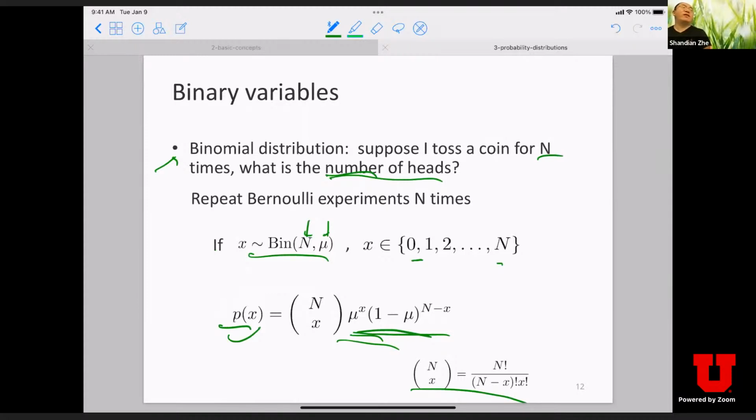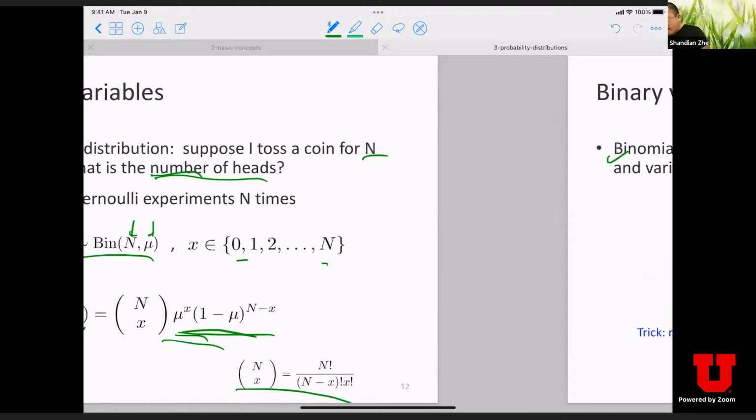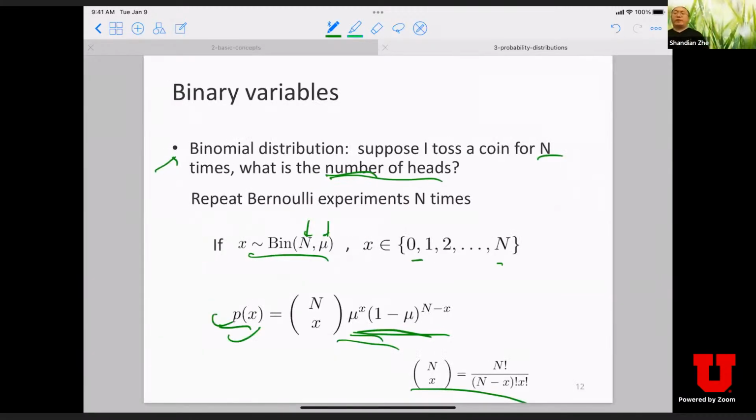Yes, exactly. I believe you have used this trick before, maybe in your calculus or statistics course. I just want to stimulate you to think about that. Of course, I can use this formula, but it's tedious.